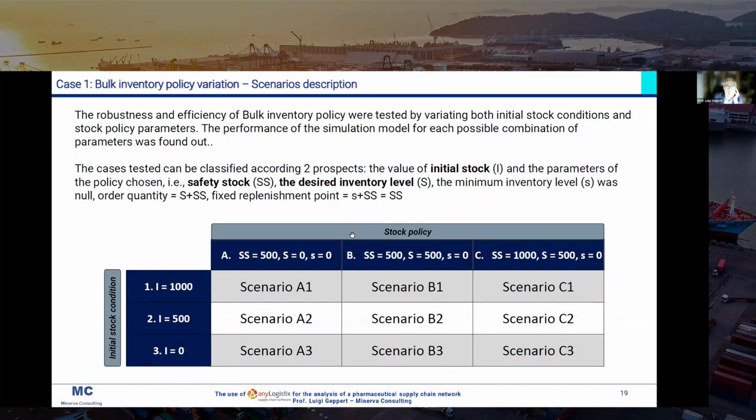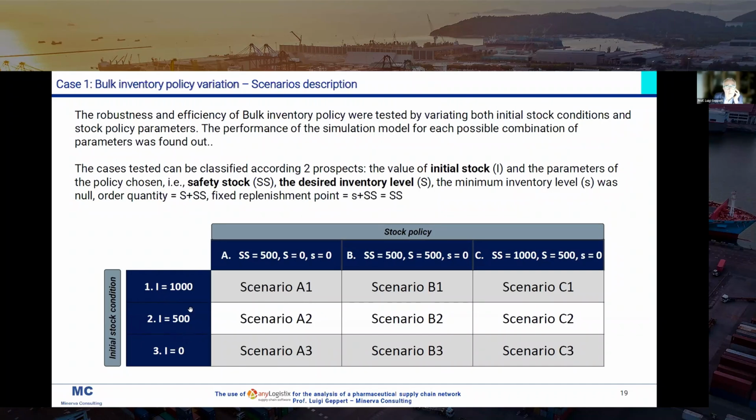Instead, the reorder quantity is capital S plus double s. And so you can see in this matrix the combination of different values of these 3 parameters, combined crosswise with the initial quantity.